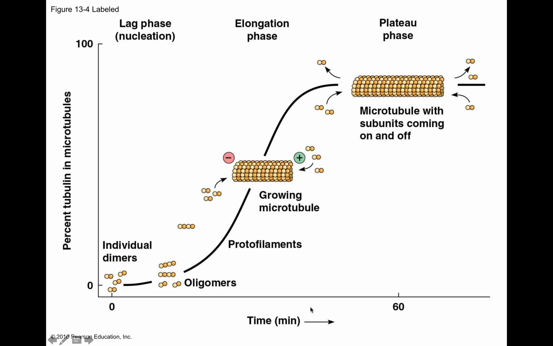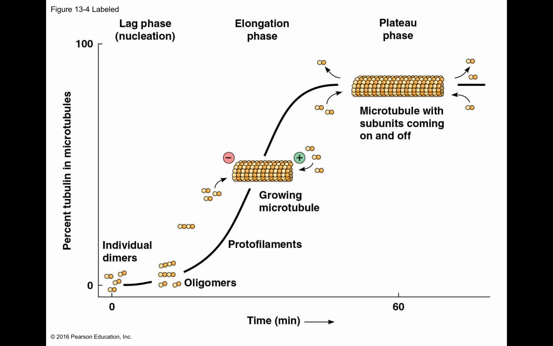All right, one thing that can be confusing about microtubules is how they grow and how they shrink. So on the individual alpha and beta tubulin monomer units, there's a polarity. There's an end on one side that is different from the other end.